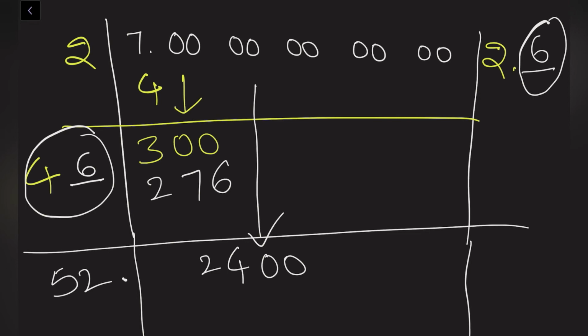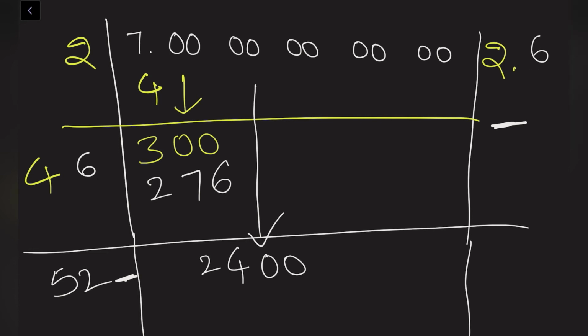Now beside this 52 as well as beside this 6, we need to write a digit. If you write 1, it will become 521, 521 ones are. If you write 2, 522 twos are. If you write 3, 523 threes are. If you write 4, 524 fours are. Like that.